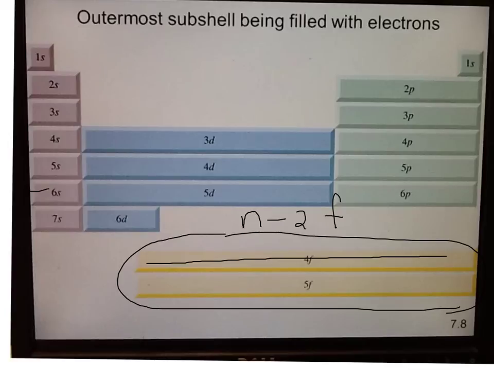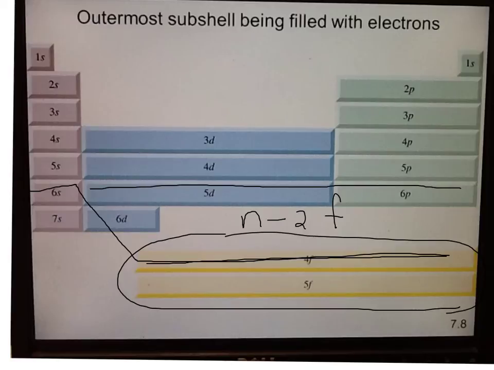So we start at the sixth period, we go down, we go across this row, then we come back up and fill the d's and then the p's. And the next row, which is filling the 5f, is actually part of the seventh period. So we go across and down, we go across and fill the f's, then come back up and fill the d's as such.